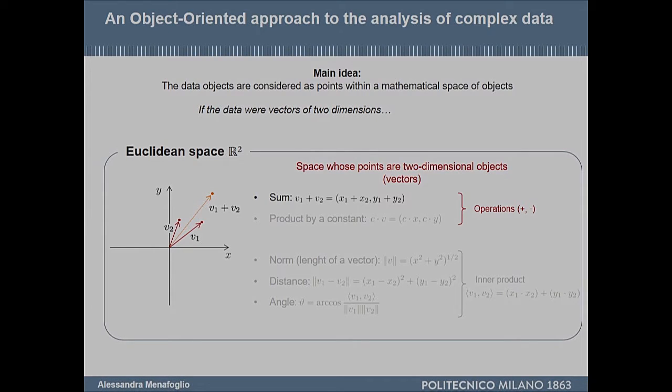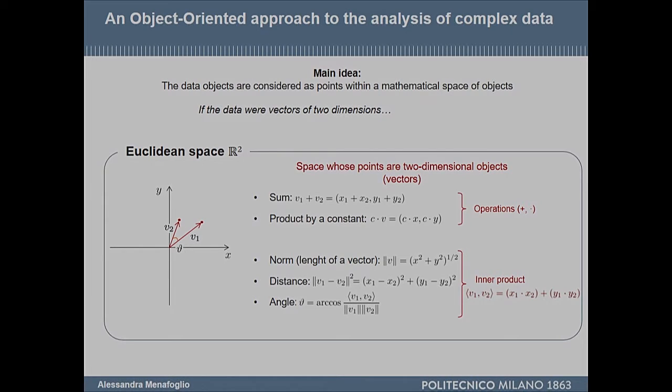So we can, for instance, make sum of vectors. We can make product by a constant. We can measure the length of the vector through the notion of the norm. This is the usual Euclidean norm. We can measure the distance between 2 vectors, and we can measure the angle between 2 vectors.